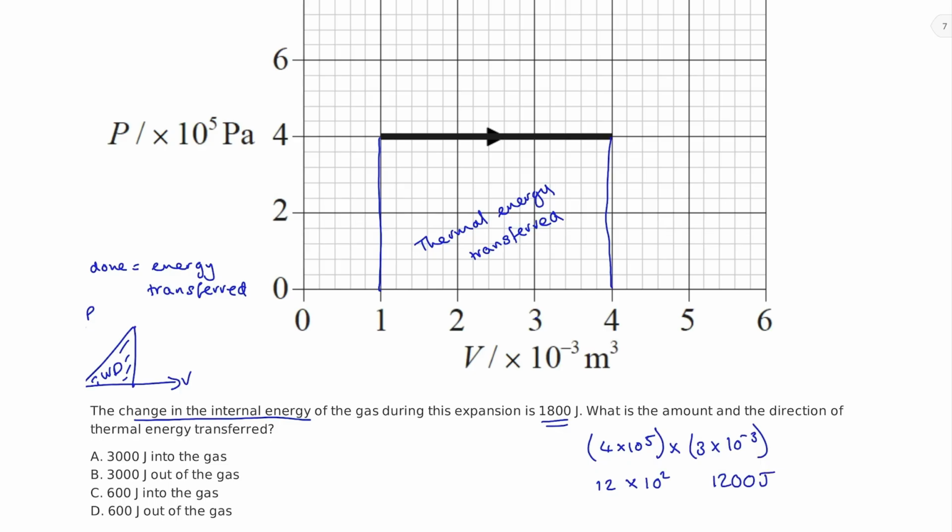And then we already have the 1,800 joules. So we've got 3,000 joules. Now, the pressure stays the same, but the volume increases, which means there's energy into the gas. 3,000 joules into the gas.